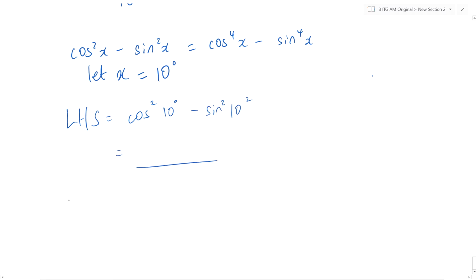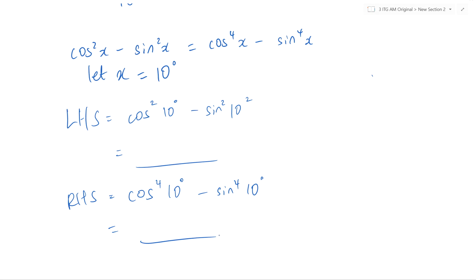Then you get a value. Right hand side. Matthew, use your calculator. When you key in your calculator, you should be evaluating cosine 10, then you square it. Are they the same? Same. Whatever it is, calculator.